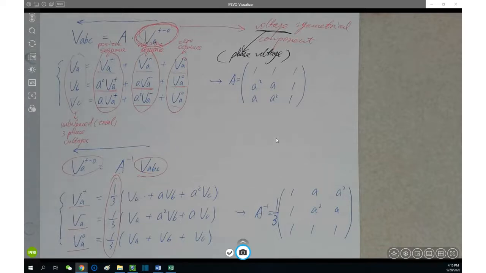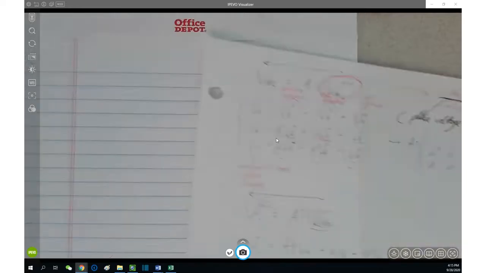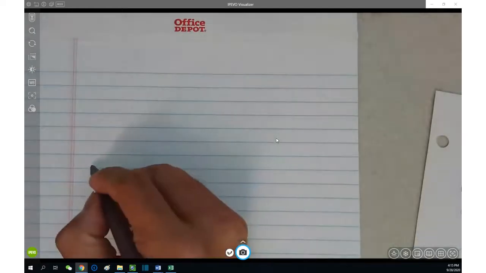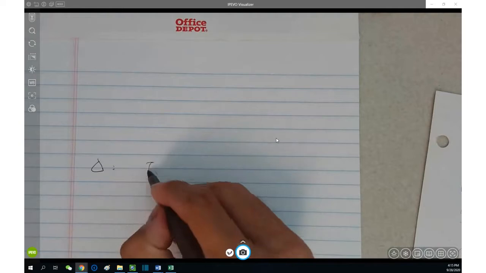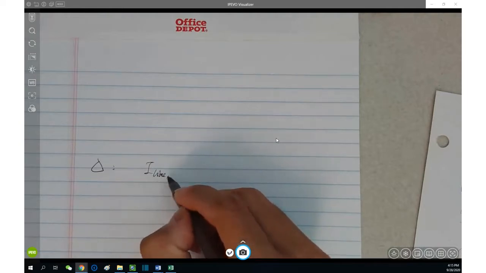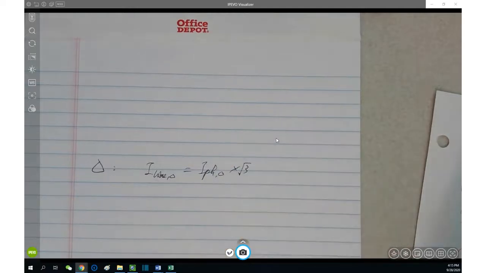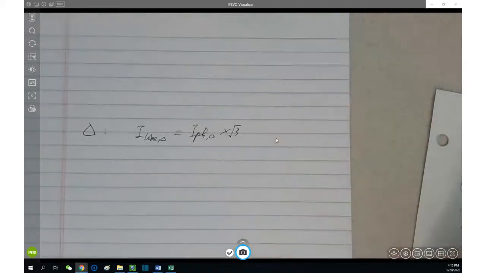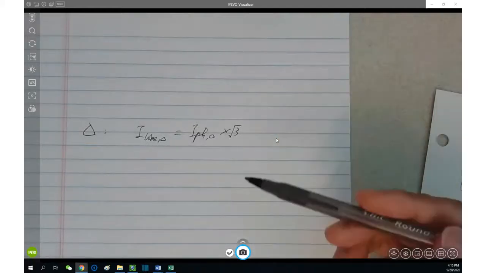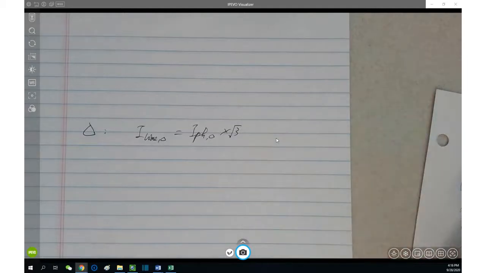I think this is fairly easy. However, copy the correct formula. In the quiz I noticed that for delta load, the line current equals what? The phase current times square root of 3. I don't know where you got such an answer, but so many of you made exactly the same mistake, making me think maybe online solutions are telling you this.